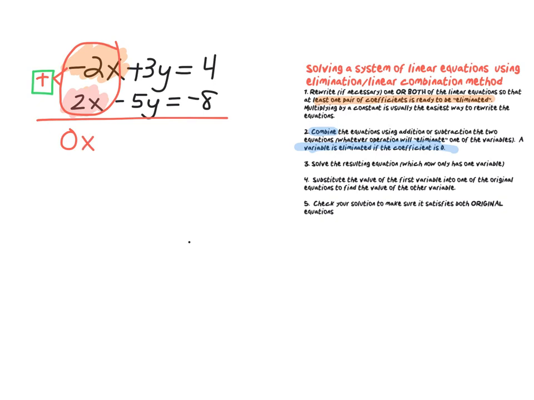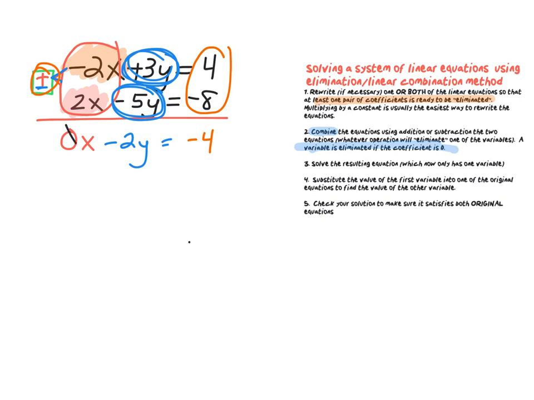Positive 3y plus negative 5y gives me negative 2y. Then at the end, 4 plus negative 8 gives me negative 4. So here we check: 0 x's, that's just nothing, and I'm left with negative 2y is equal to negative 4.